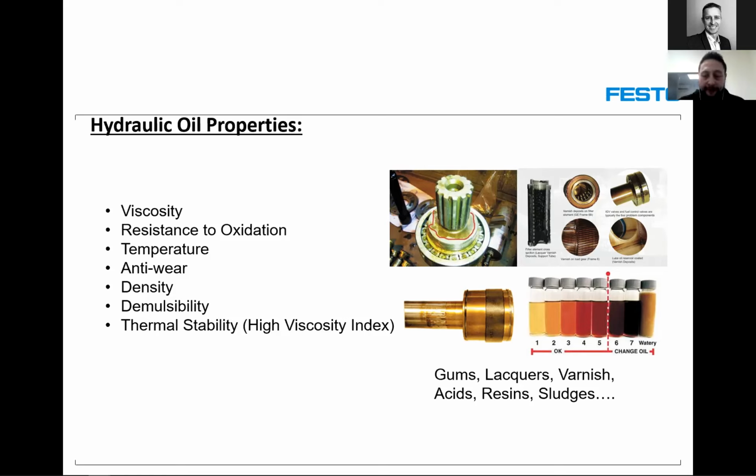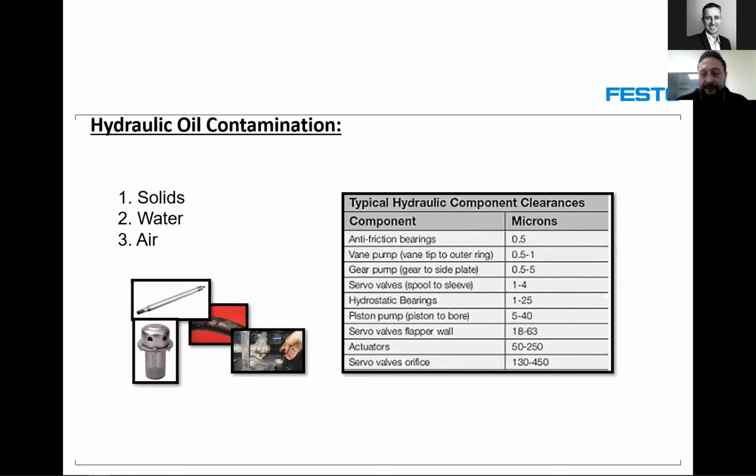But we will go through that in the course and go into more detail so that you understand all of these different oil properties, so that when you change oil, you know what you are doing and why you are doing it. Then we will also look at oil contamination, to cover what type of equipment you are using, when you would use which filters, and how the oil should be cleaned when you are looking at your circuits and systems.